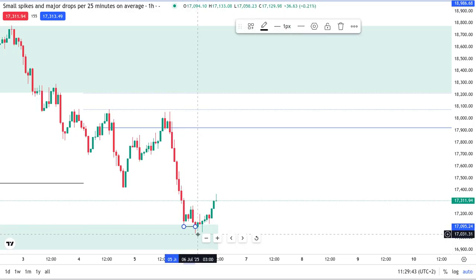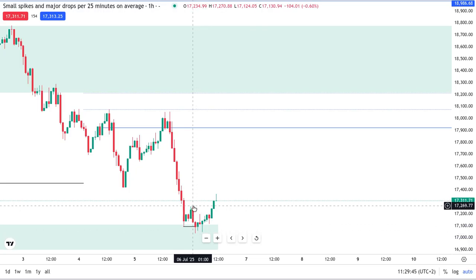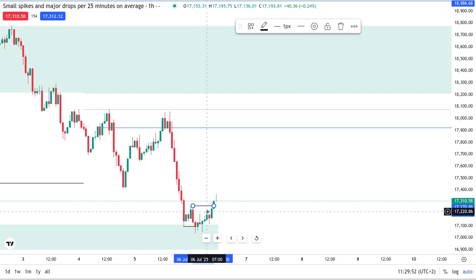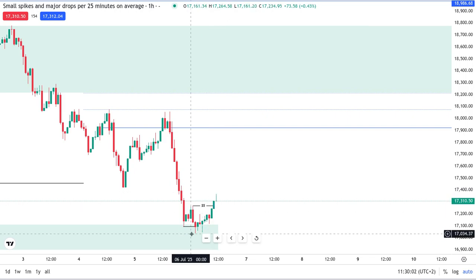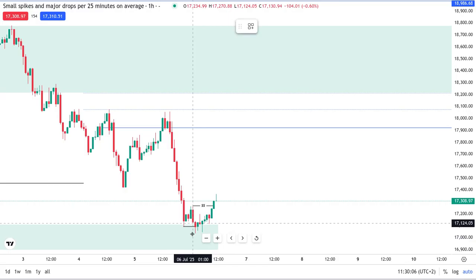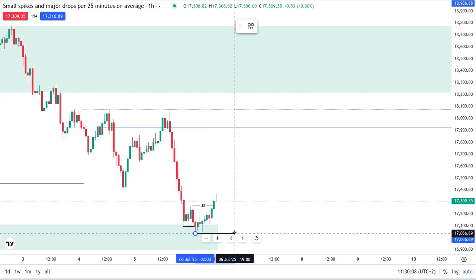Swept liquidity, and right after taking out liquidity, we took out this high in price. So this is showing us that price has shifted. We have a structure shift. Before that structure shift, our lowest point that led to that structure shift is this one right here.